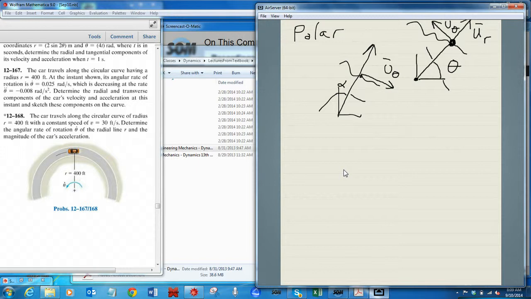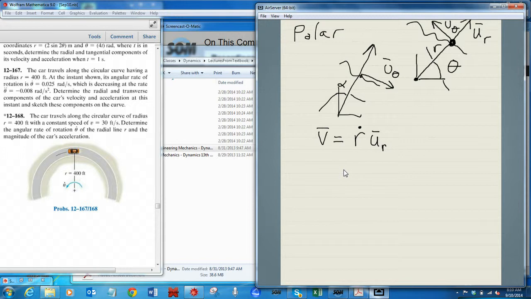I'm going to find out that the velocity of this guy is equal to r dot. What is that? Time rate of change of r, which is the distance from the origin to the particle. That's r. So r dot in the U_r direction, just like there's the x and y and the i and the j.